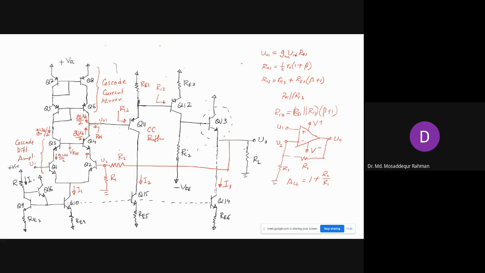That depends on the power requirement of your load. Usually, a Darlington pair will be suitable. Any question, guys? Yes, sir.